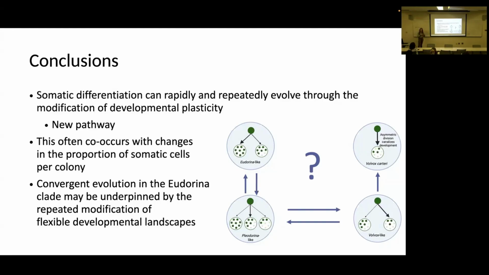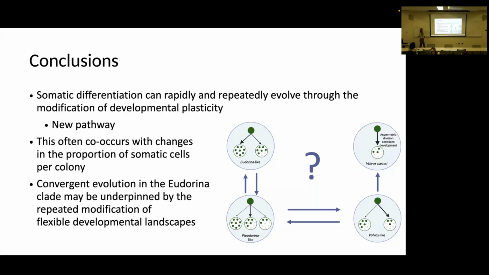And I also found that changes in the development of somatic cells co-occur with changes in the proportion of somatic cells per colony. So I think that in the EVP clade, which is also called the Eudorina clade, the convergent evolution that we see, the repeated evolution of Eudorina, Pleodorina, and Volvox, might be underpinned by the repeated modification of inherently flexible developmental landscapes.